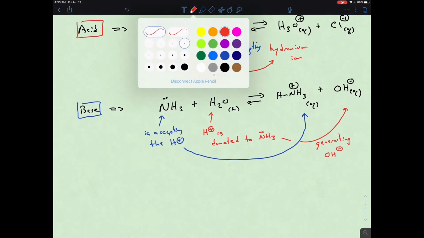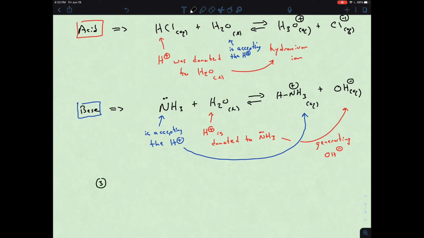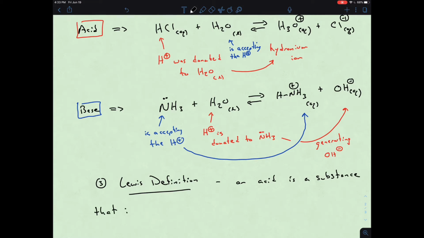The next definition, the last definition, is the Lewis definition. With Lewis, an acid is a substance that is... I wonder what Lewis would put; you might remember the Lewis octet rule, Lewis structures and things of that nature.